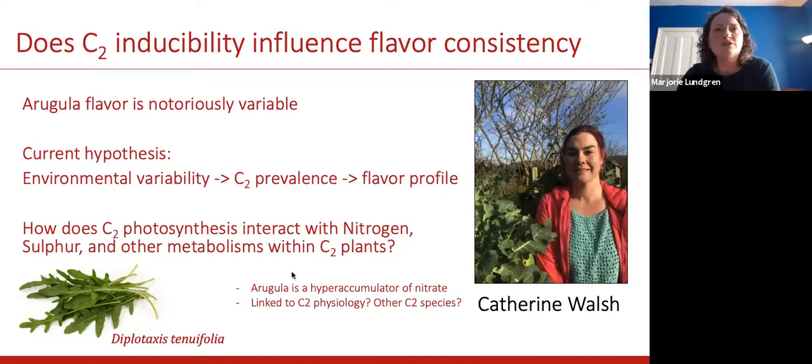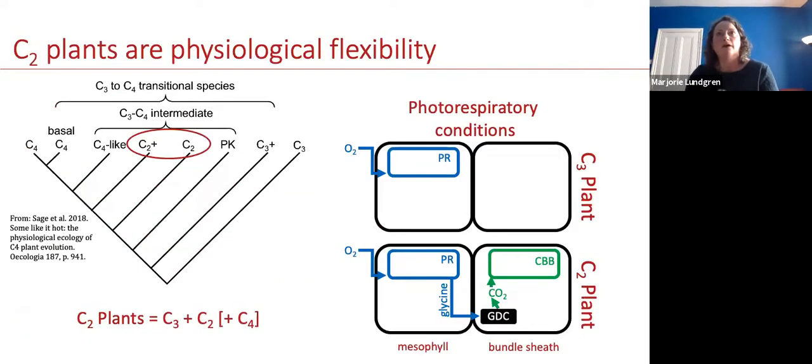The other thing she's looking at is that arugula, or rocket, is a hyperaccumulator of nitrate. And we need to know if that is linked to C2 physiology. And if it is, is it present in other C2 species? Because this could also be another important factor in if we do want to get this introduced into crops or not. We might have to consider that.